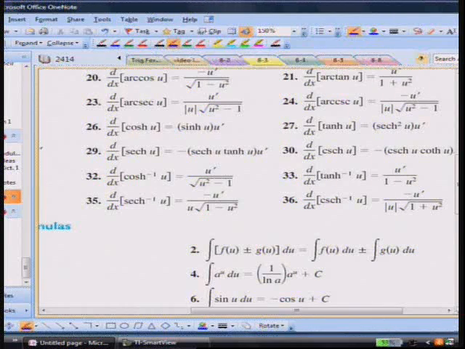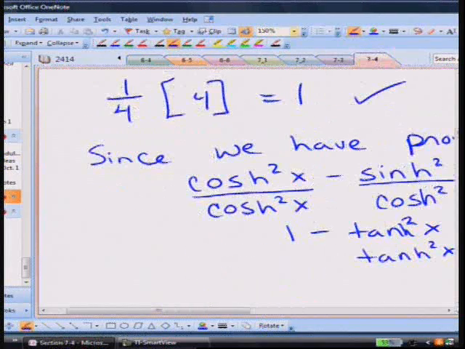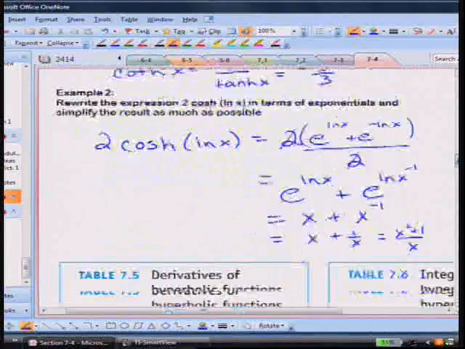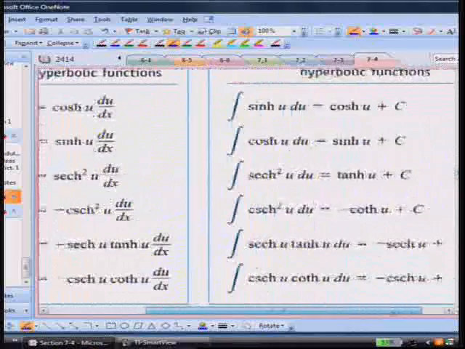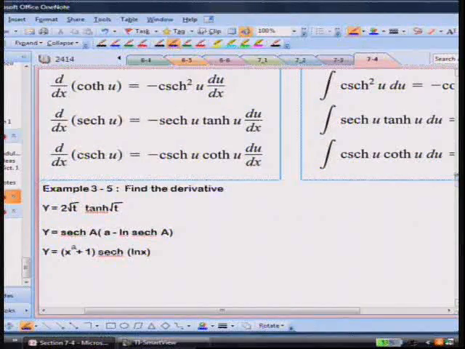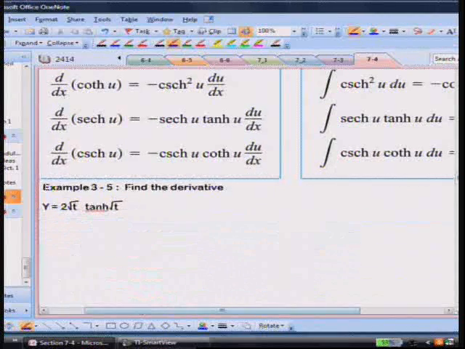All right, so let's go back to this section. This sheet, or these formulas, are here to help you work these problems, like examples 3 through 5.